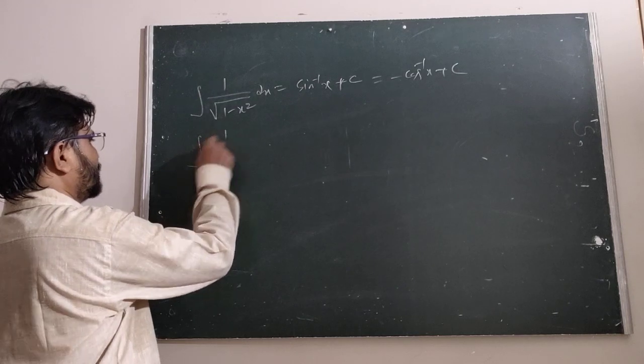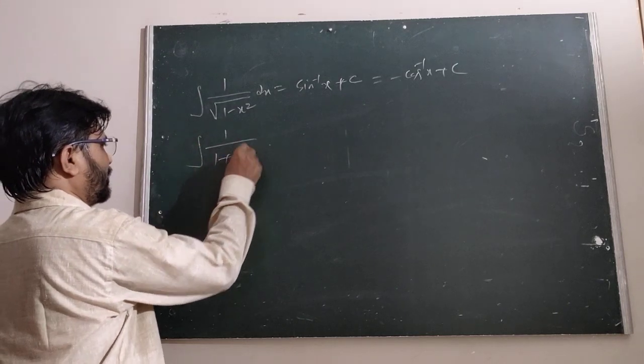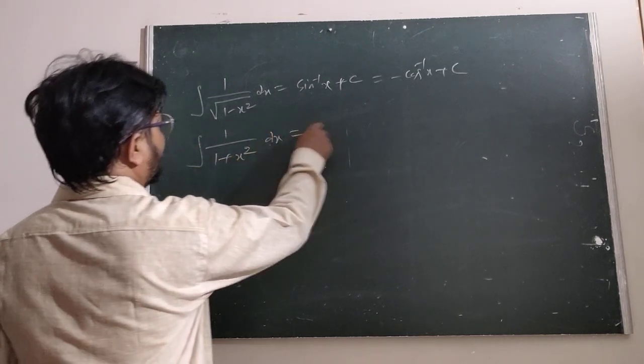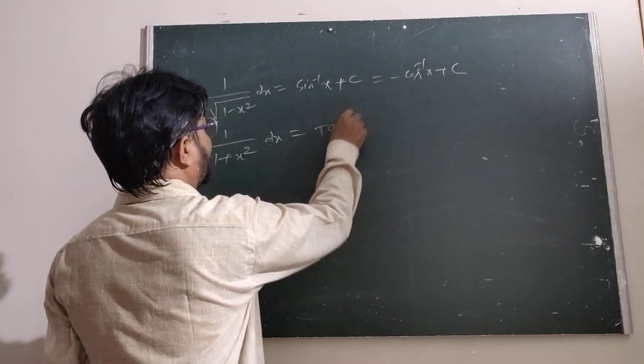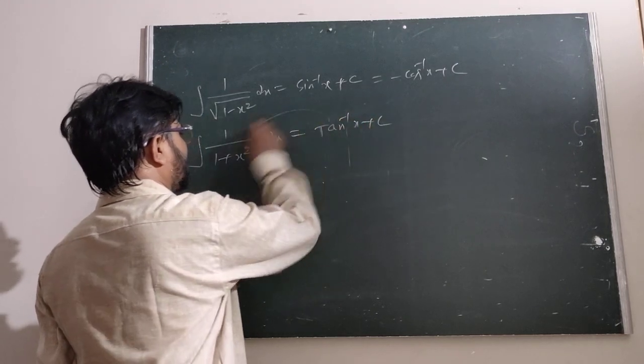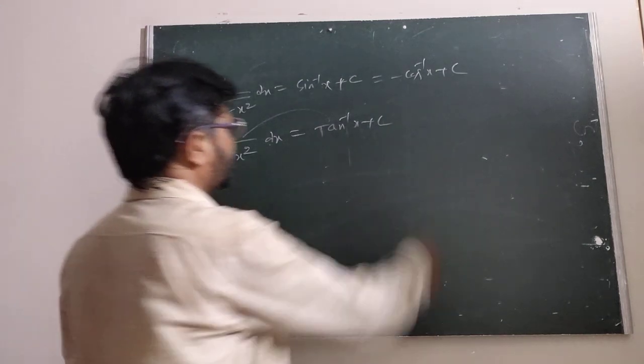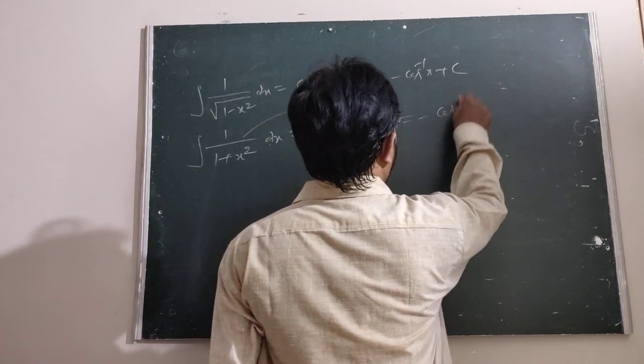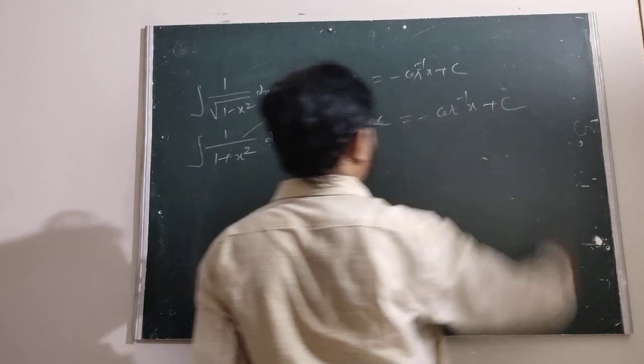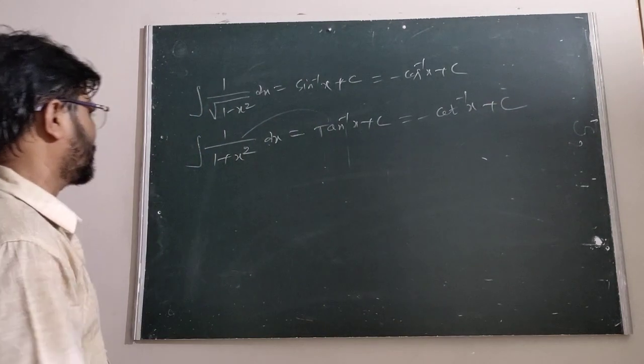Now we write the integral of 1 by 1 plus x square dx. We know that the derivative of tan inverse of x is 1 by 1 plus x square. So this is tan inverse of x plus c, or minus cot inverse of x plus c.